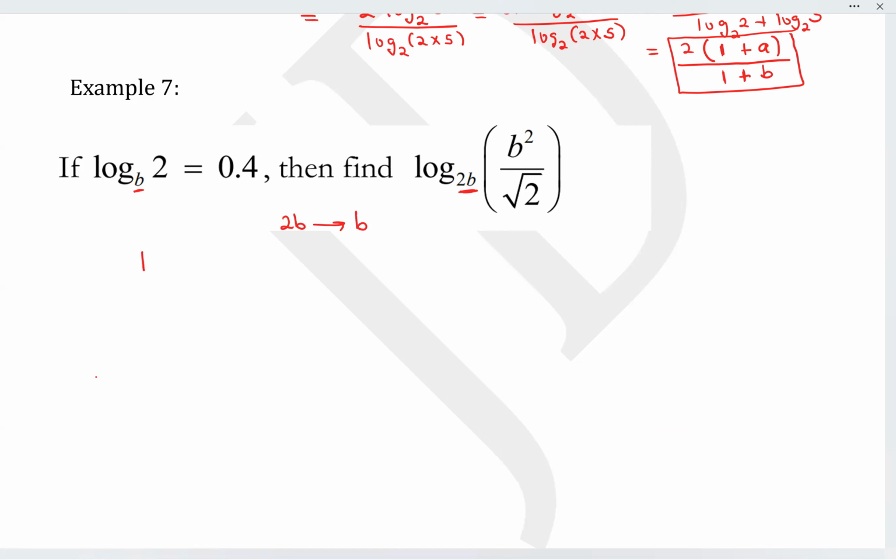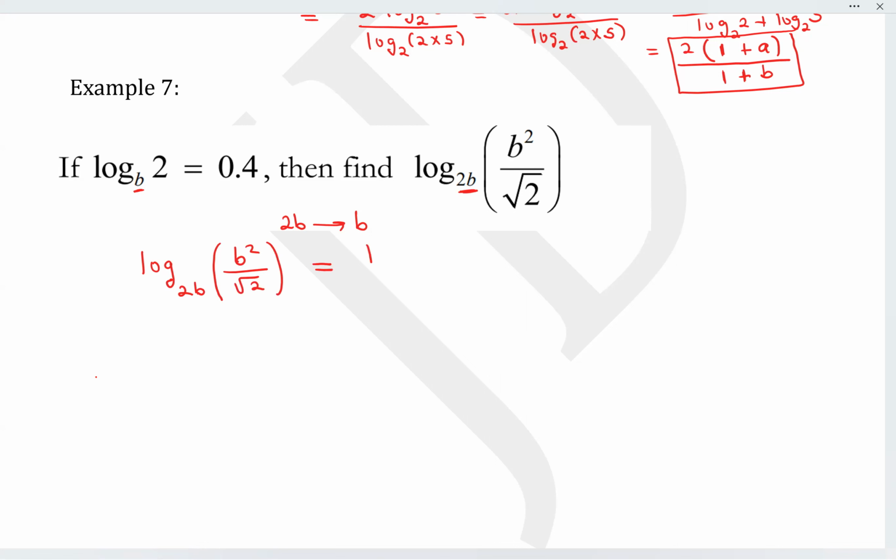So this now we can write as this 2b, right? In other words, you need log to base 2b of your argument. So log to base 2b of everything you have, b squared over root 2, right?